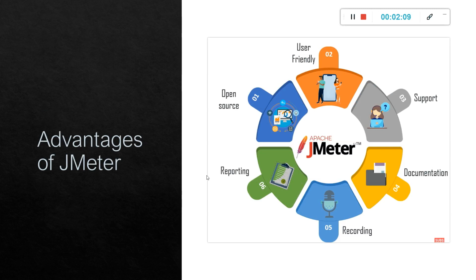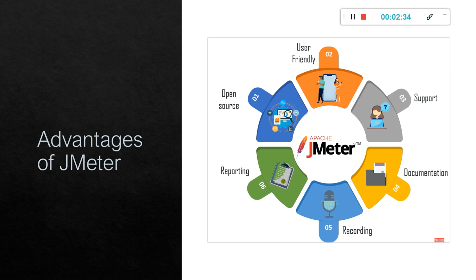Advantages of JMeter. JMeter is open source, you don't need to buy it. It has a user friendly GUI interface, there is no need to code anything, and it supports different HTML samples and different testing. It helps in API testing, performance testing, and more.